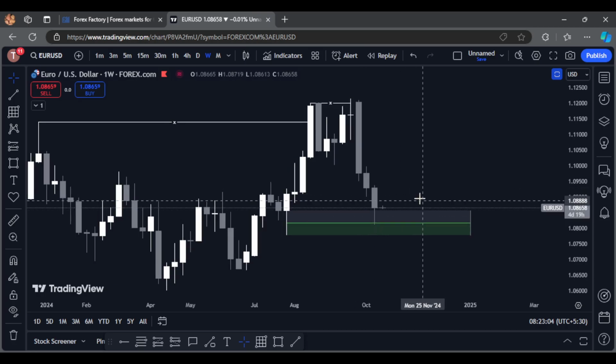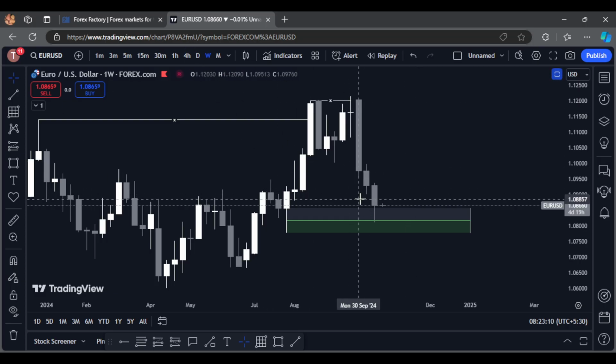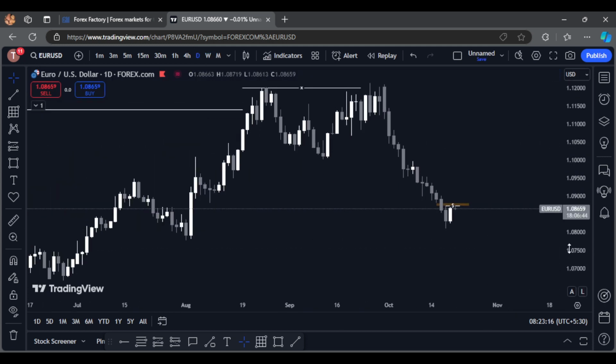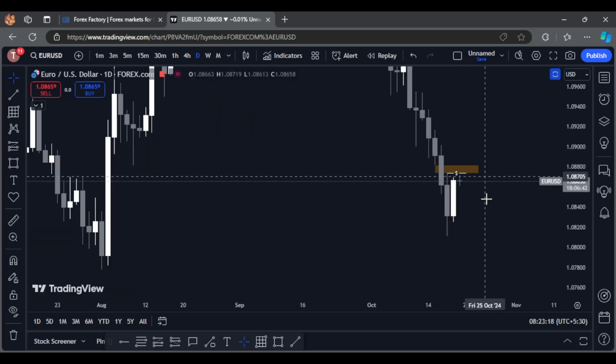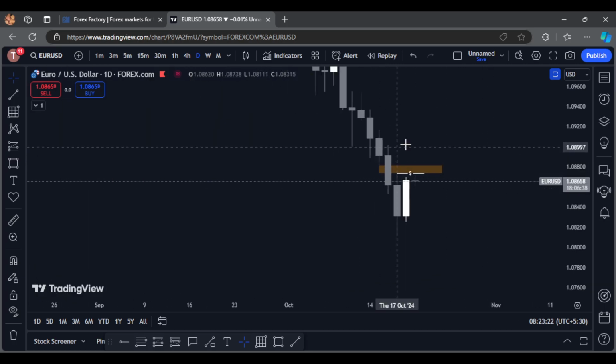So now let's move to the dailies to see what do we have in here to resist the price to move into the further upside direction. As we move into the daily zones, we can see that we are having this FVG.